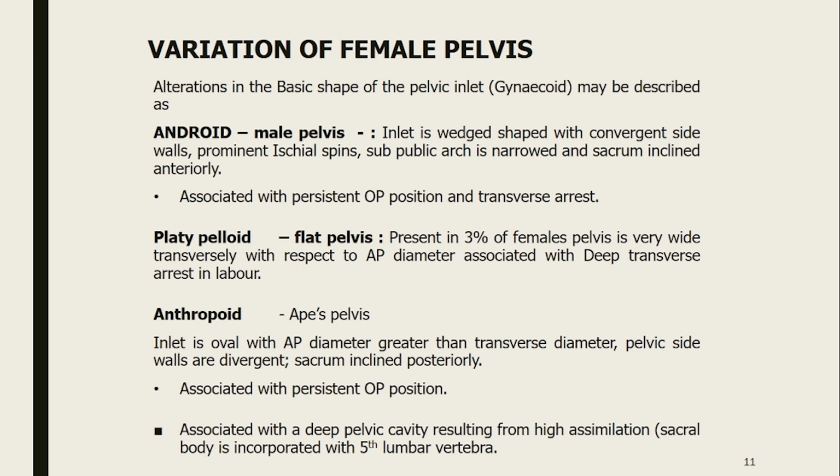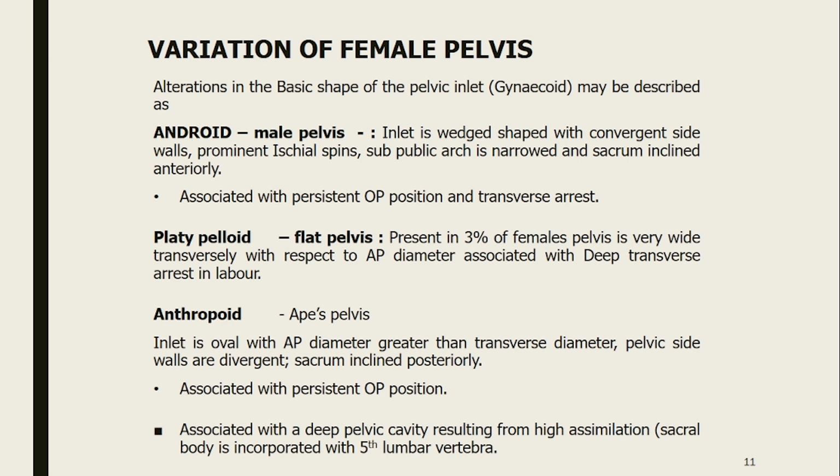And the third variant is called the anthropoid pelvis, or the type of pelvis seen in apes. The inlet is oval, just like the gynecoid pelvis, but the anterior-posterior diameter is greater than the transverse diameter.